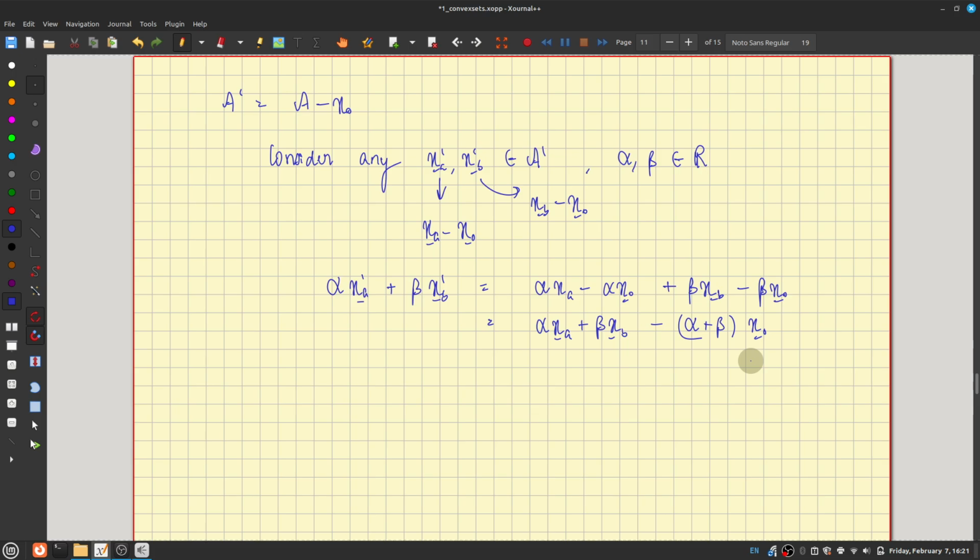Is the linear combination in the plane perpendicular to x naught? No, right? So xa prime and xb prime are two arbitrary points from this set A prime, where A prime is A minus x naught. What do I know about A prime? I know that every point in A prime can be written as some element of A minus x naught.